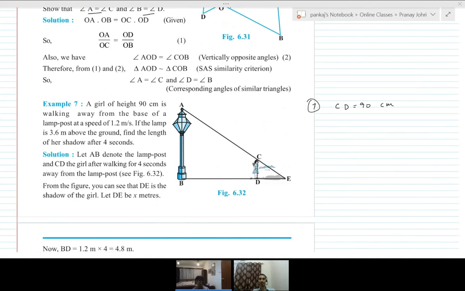So AB will be 3.6 meters, which is 360 centimeters.